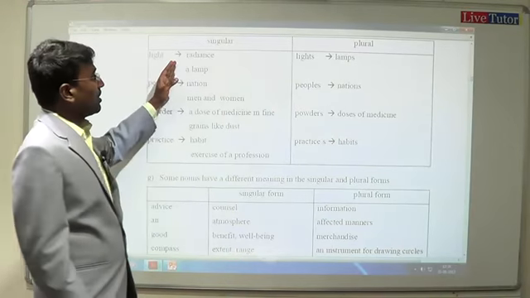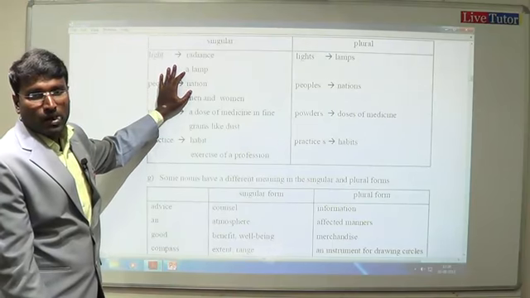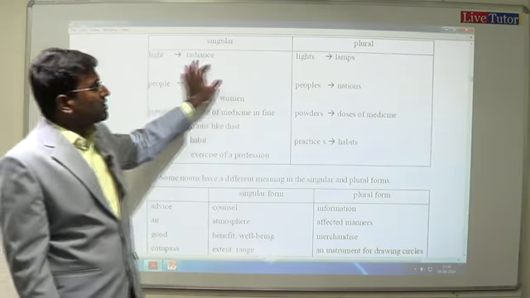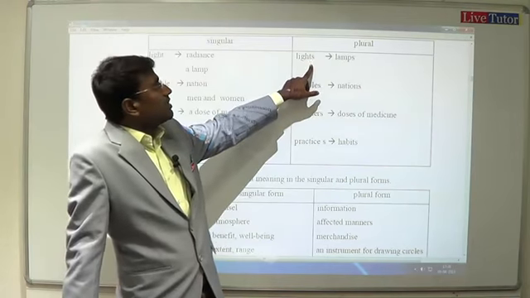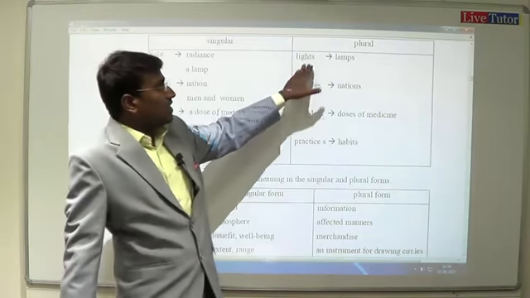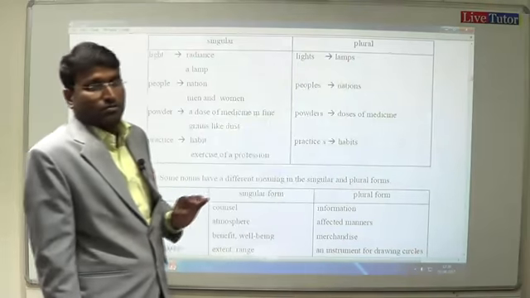See, the singular form has two meanings. ரெண்டு விதமான அர்த்தம் இருக்கிறது இதுக்கு. ஆனா when you change this into plural, light becomes lights. What you are trying to say is lamps, which mean.